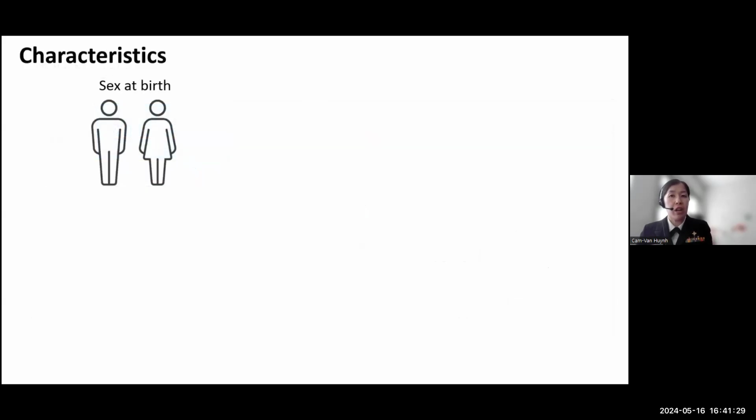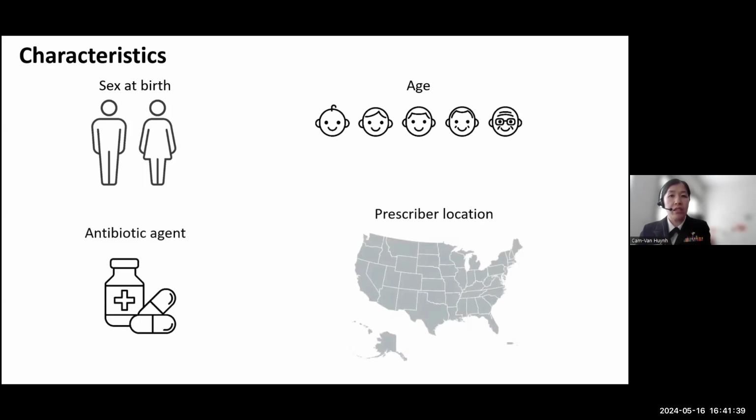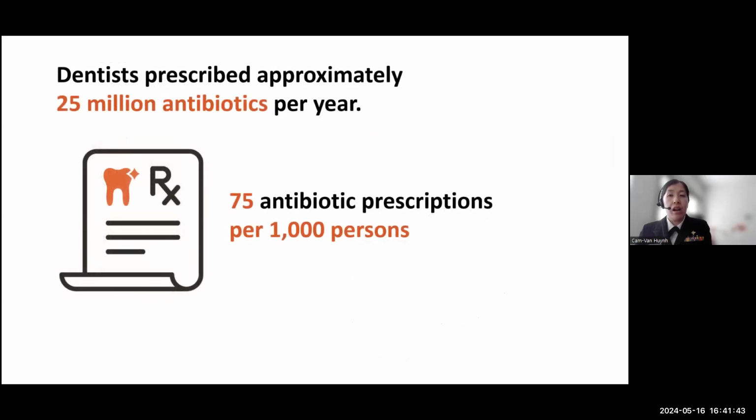Prescriptions by dentists were summarized by the following characteristics: sex at birth, defined as female or male; age, categorized into 5 age groups; antibiotic agent; and prescriber location by state and region. Our results showed that dentists prescribed approximately 25 million antibiotics per year during 2018 to 2022. So this means that approximately 75 antibiotic prescriptions were dispensed for every 1,000 people in the US each year.